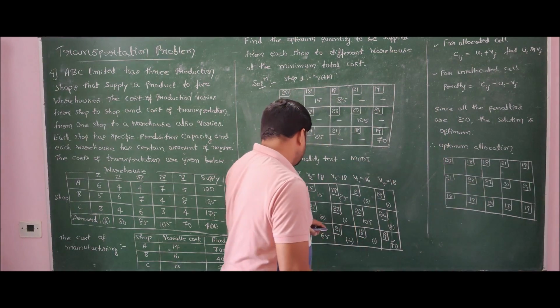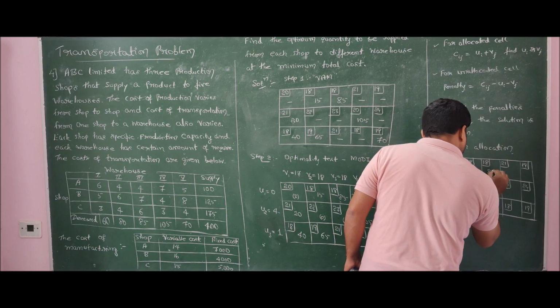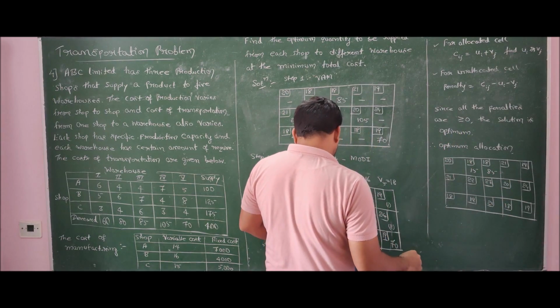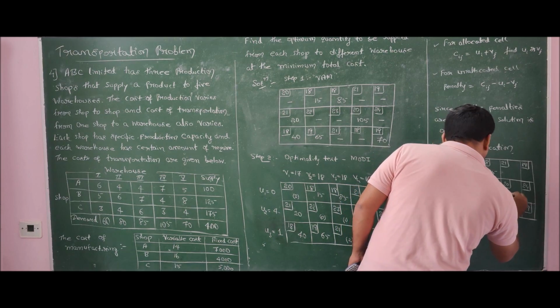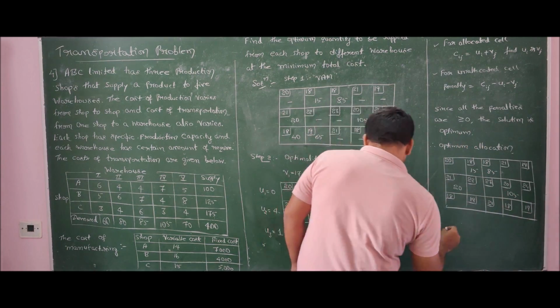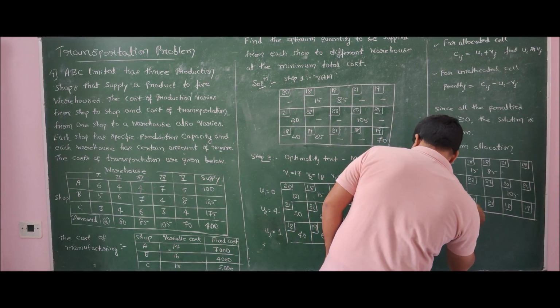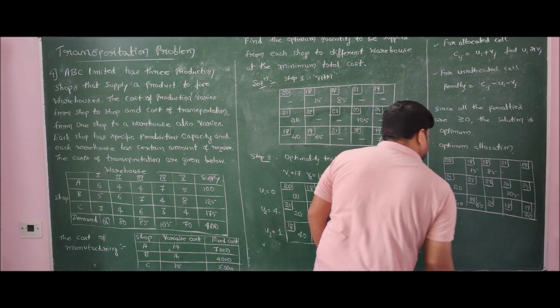So optimum allocation will be 15 and 85. Then we have 20 and 105. And 40, 65 and 70.